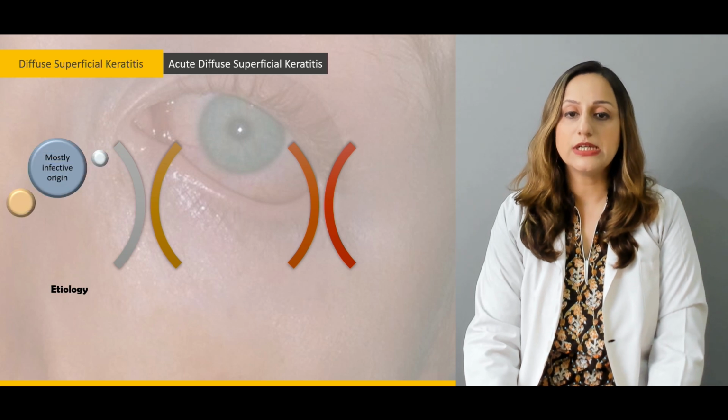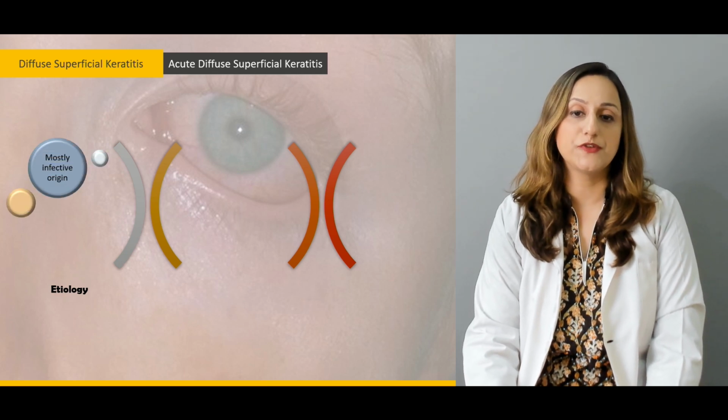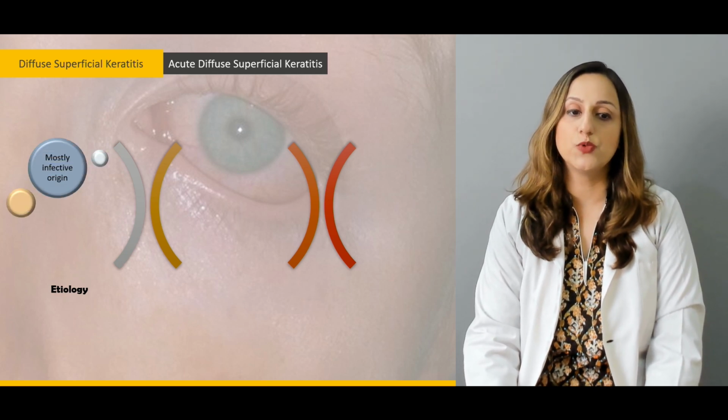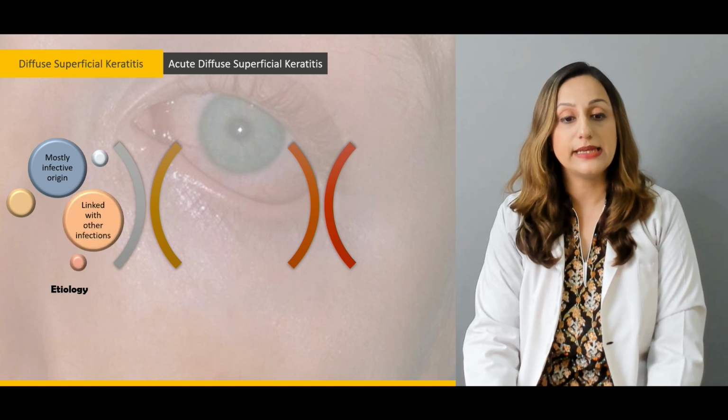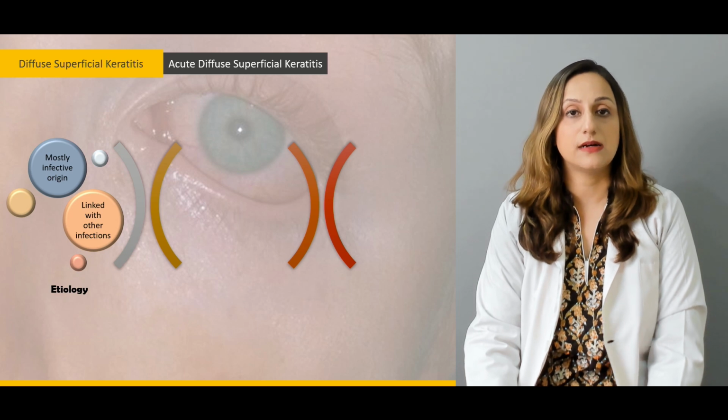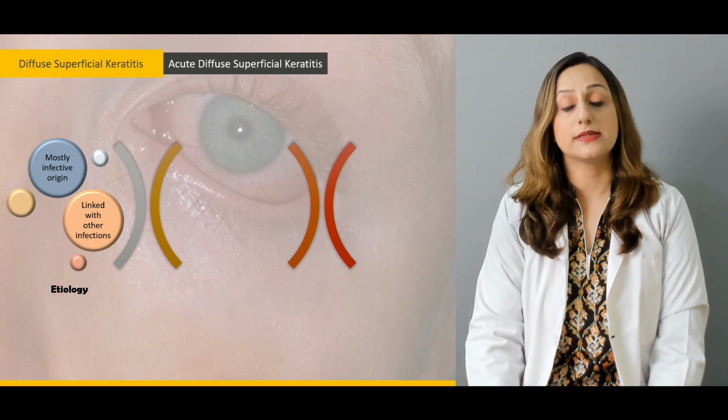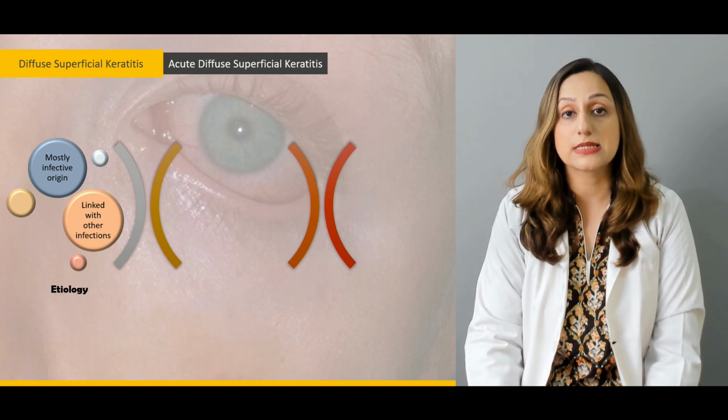The etiology of an acute diffuse superficial keratitis is mostly of infective origin. They're usually linked with other infections, for example tuberculous infections.